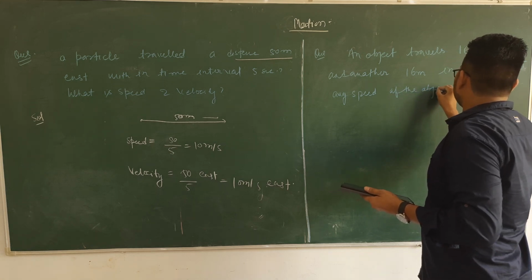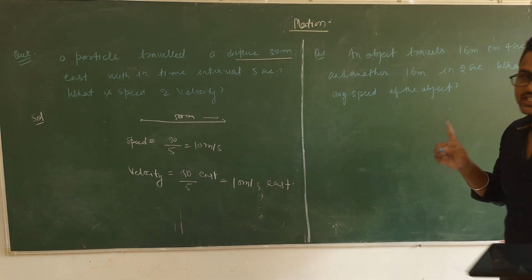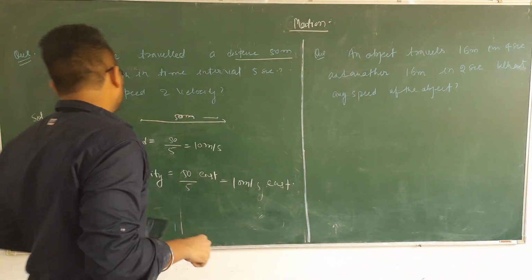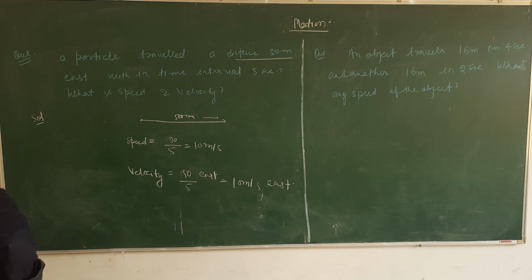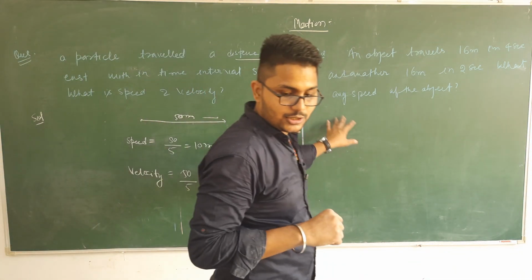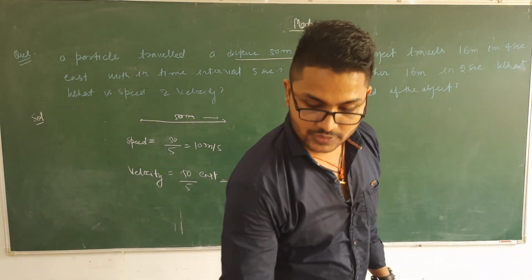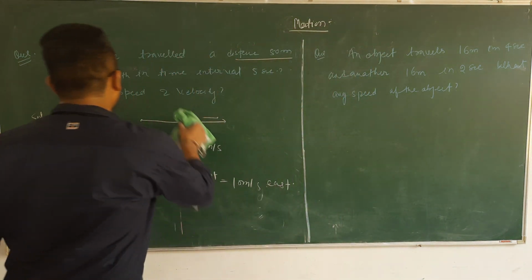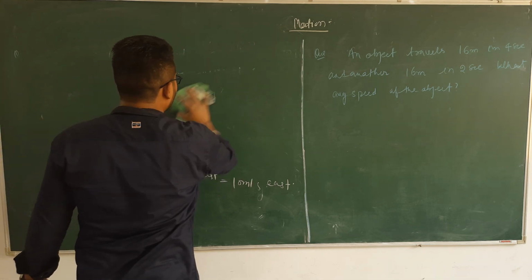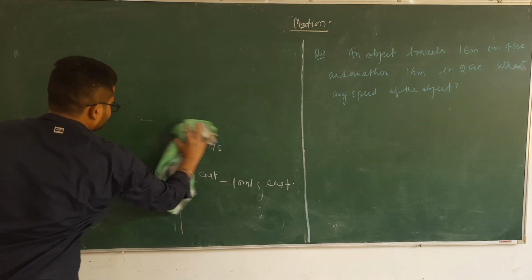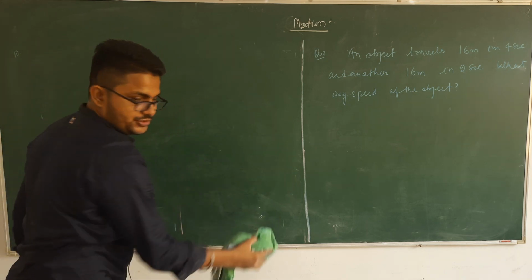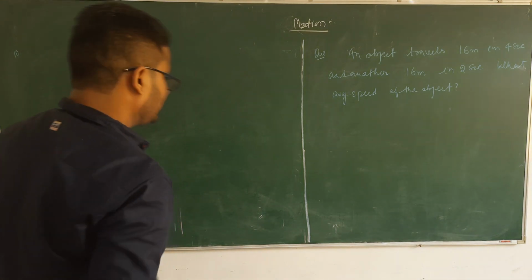We have just discussed the difference between velocity and speed. So here he is asking about the average speed. So what is the formula of average speed and average velocity?